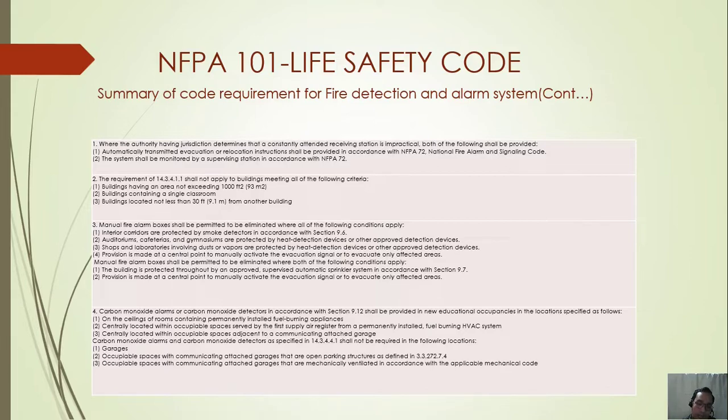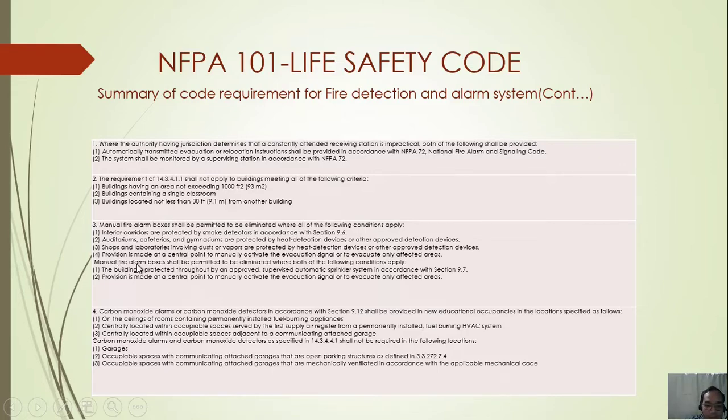Sometimes gymnasiums or auditoriums have high ceilings, so sometimes they use beam detectors in these places. Shops and laboratories involving dust and vapors are protected by heat detection devices, again, or other detection. So sometimes they use gas detection or flame detection in these rooms.